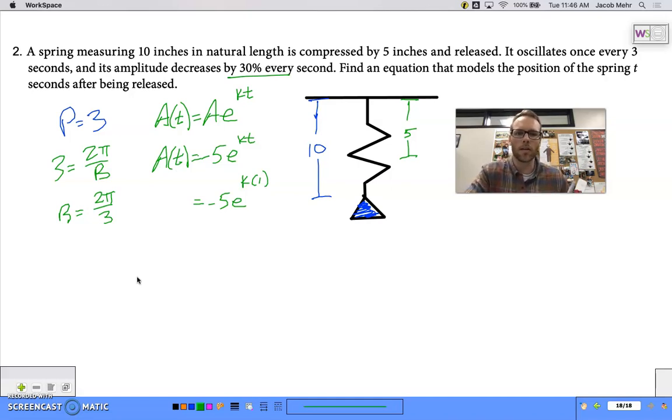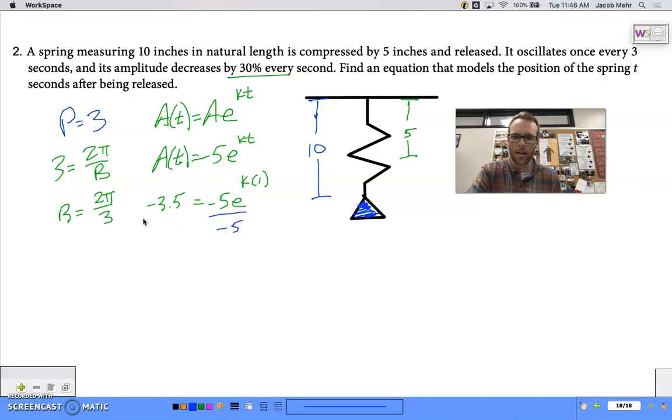It has to decrease by 30%. So if I decrease 5 by 30%, that's 70% of 5. What number is that? If I take 70% of 5, it's going to be 3.5. So this would be at a -3.5.